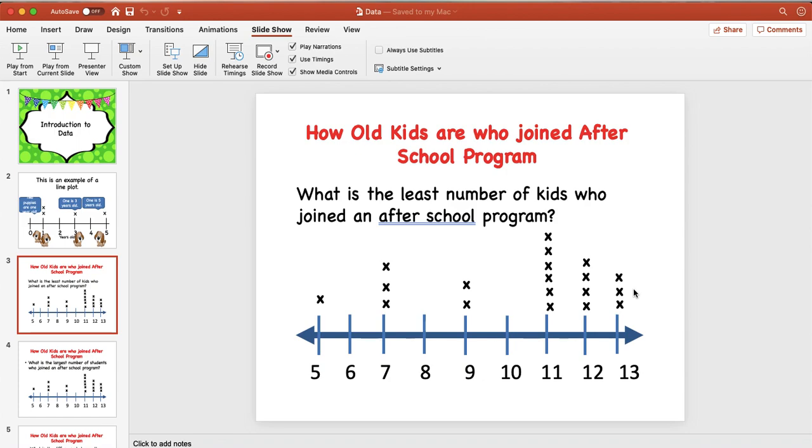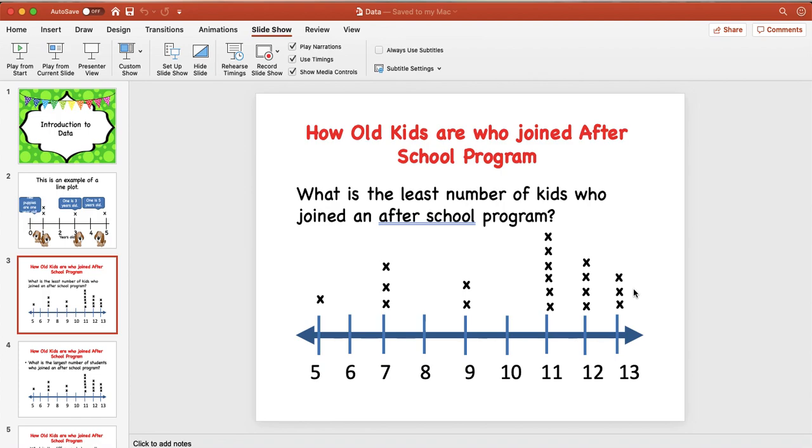We're going to look at the questions that are related to this line plot. By being able to read it correctly, we can answer our questions correctly. Our first question says, what is the least, so least means smallest, what is the least number of kids that joined an after-school program?